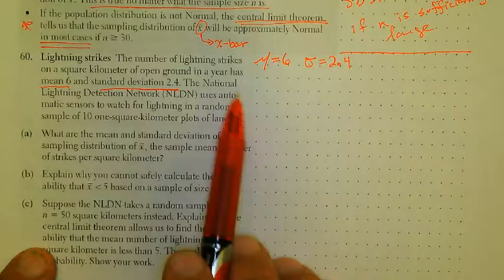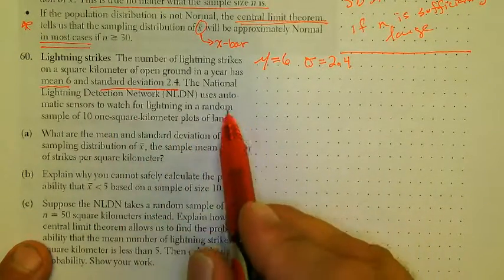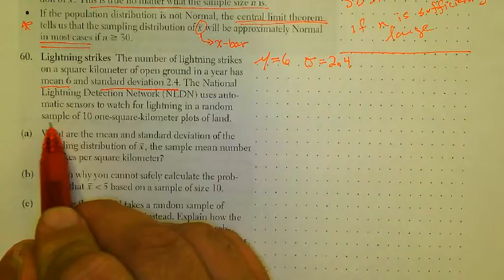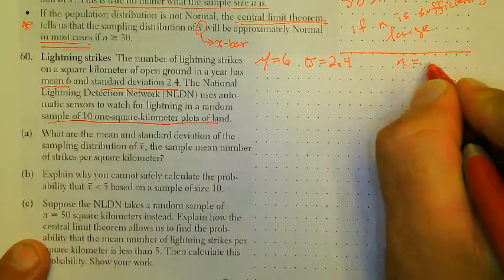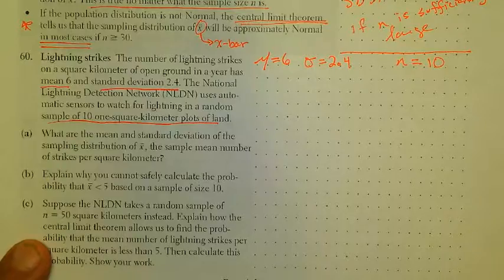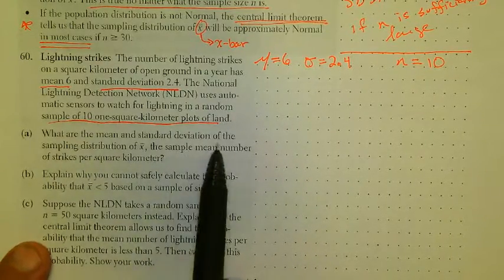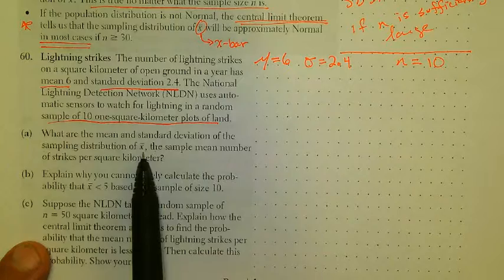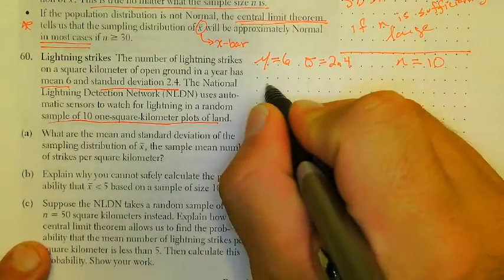Okay, and it says that we do sensors, and we get a sample of 10 one-kilometer plots. So n equals 10. What are the mean and standard deviation of the sampling distribution of x bar?